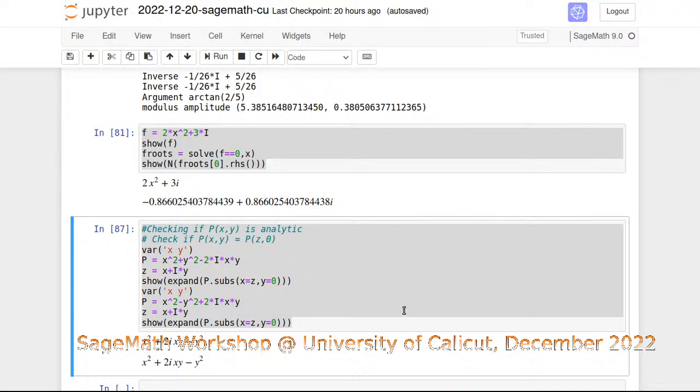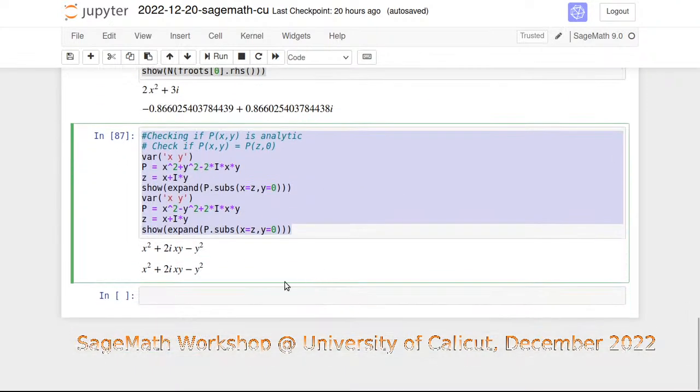Now the next method is to actually use the Cauchy-Riemann equations, which essentially says that if the partial derivatives exist and if they are continuous, then we can say that the function is analytic. So we can check the partial derivatives first of all.